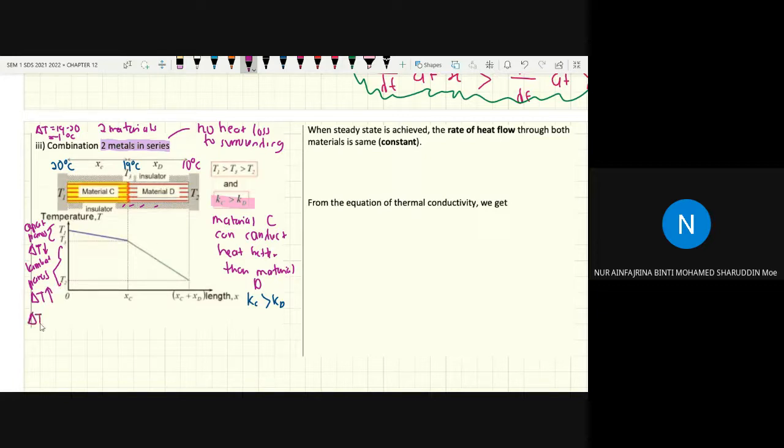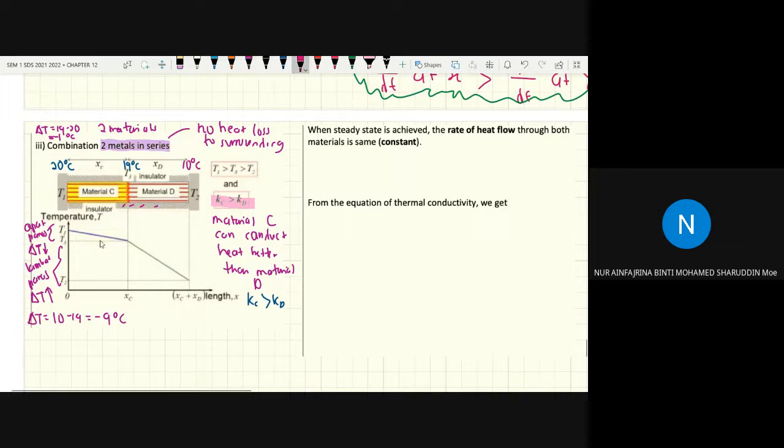Kenapa? Sebab Miss boleh ambil 10 tolak 19, Miss akan dapat negative 9 degree Celsius. Sebab thermal conductivity untuk material C is higher compared to thermal conductivity for material D.